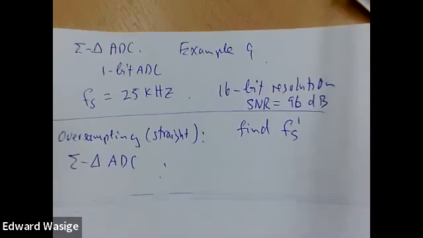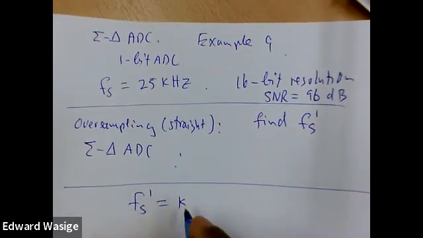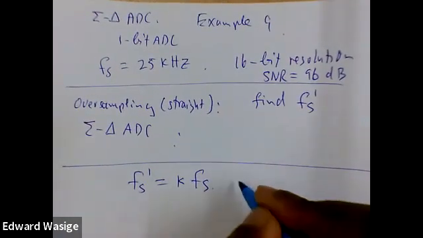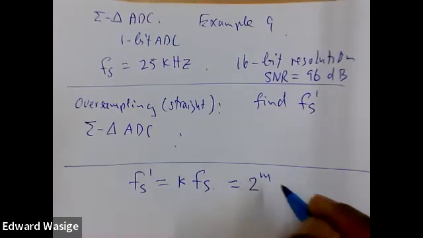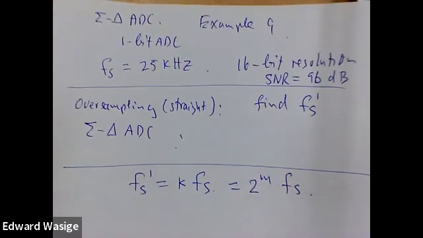Fs prime is the oversampling frequency. We know it is equal to k times Fs, where k is the oversampling ratio, and k we normally write as 2 to the power m. So we are given that.